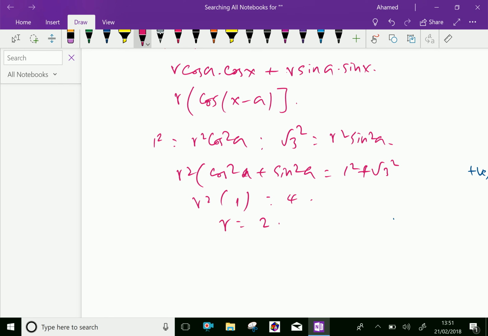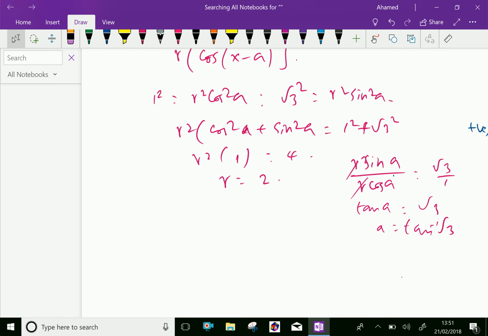Then r sin a by r cos a equals root 3 by 1, cutting r, tan a equals root 3, then a equals tan inverse root 3, which equals π/3. We got r equals 2 and a equals π/3. We have done.